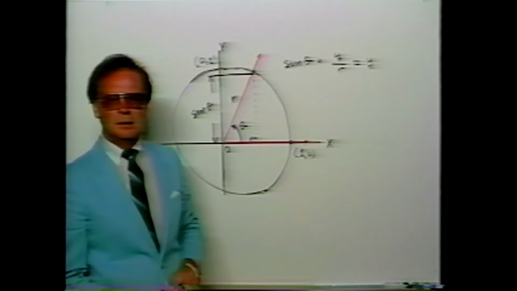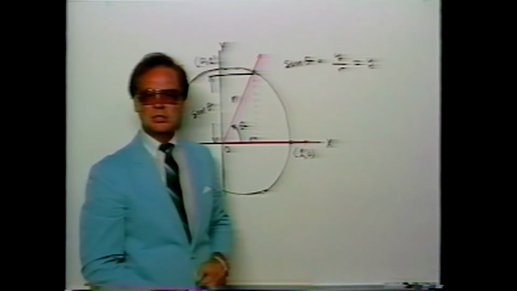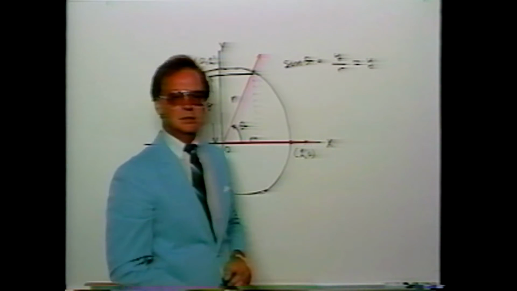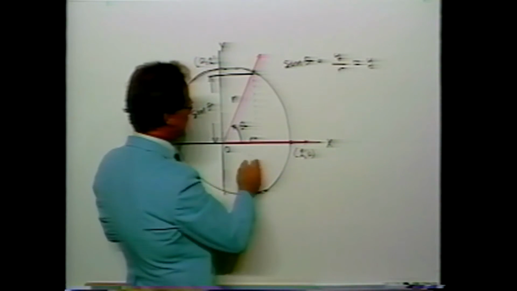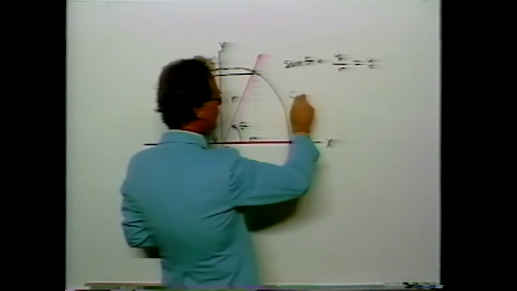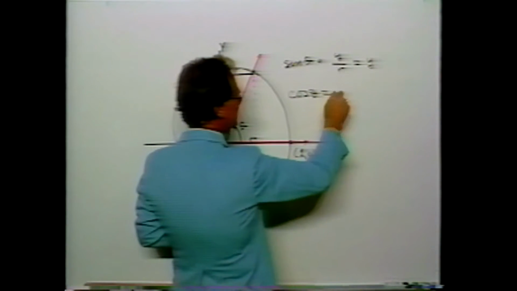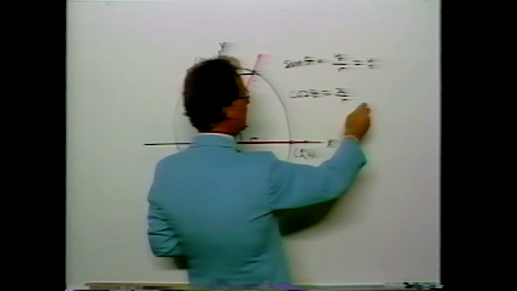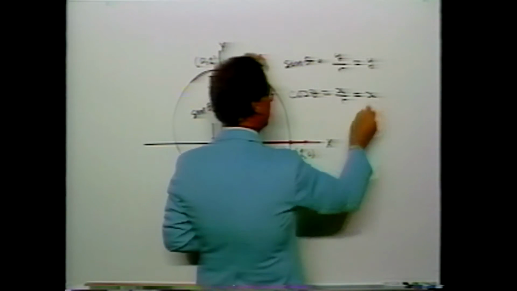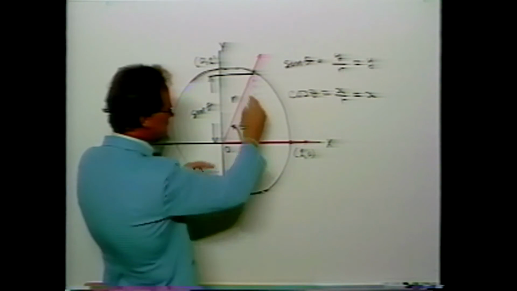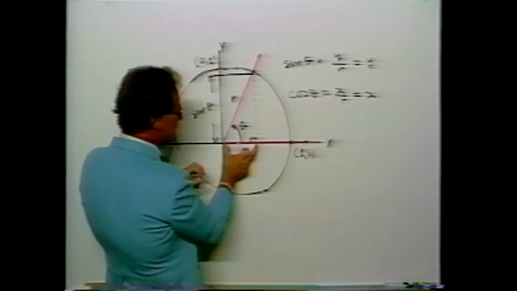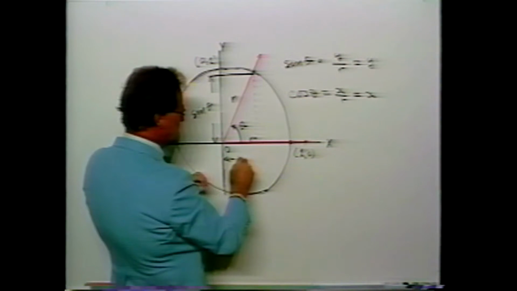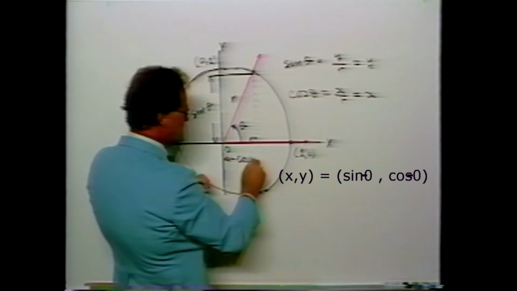Similarly, the cosine is the projection of the terminal arm to the horizontal axis, that is, the x-axis. The cos of theta is equal to x over r, but since this is a unit circle, r is 1, that is therefore equal to x. This projection then is this distance. So this distance here is equal to the cos of theta.